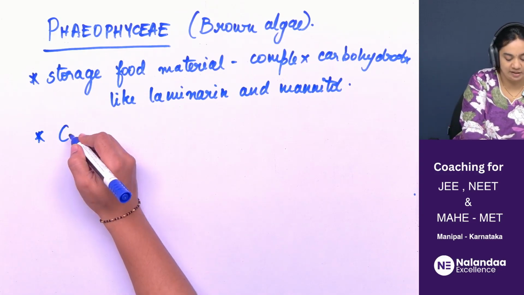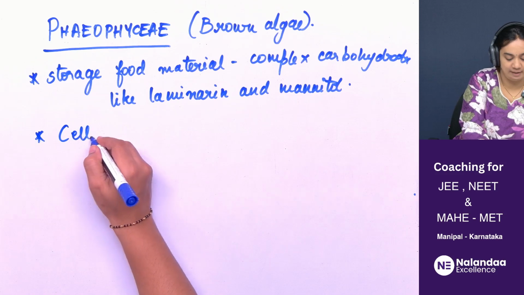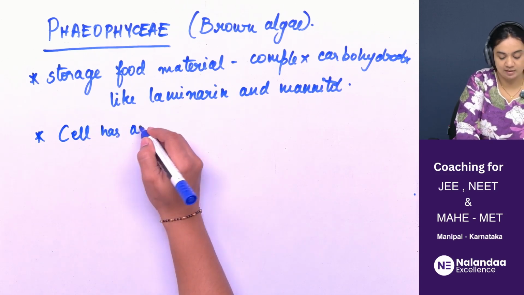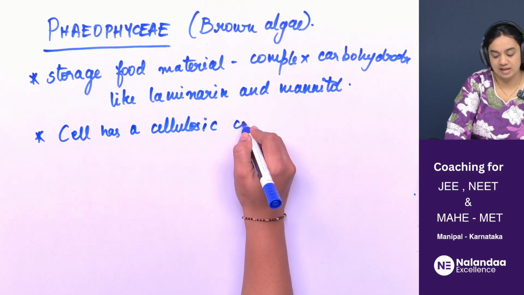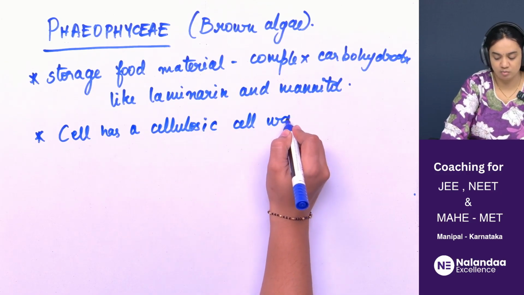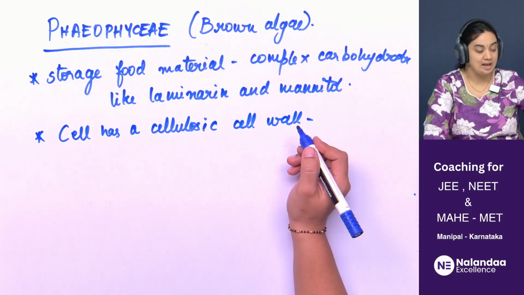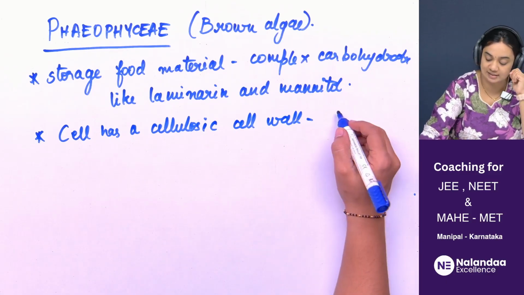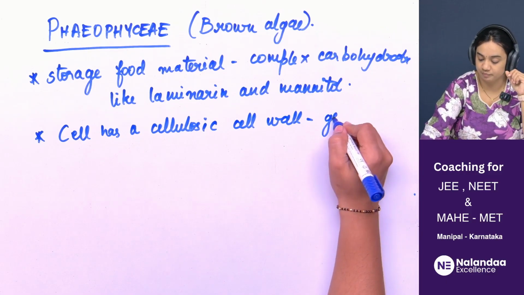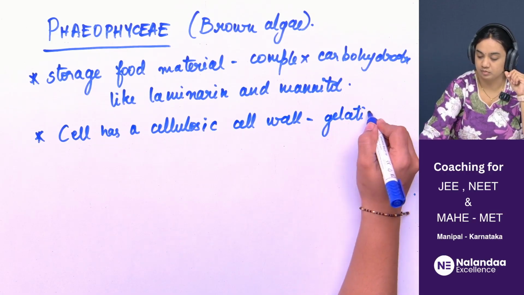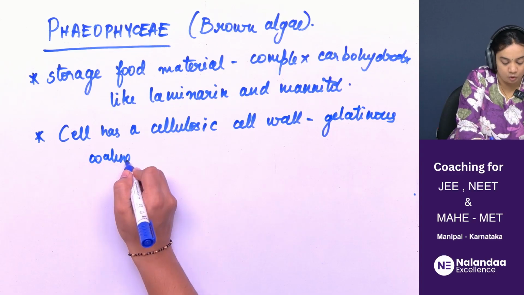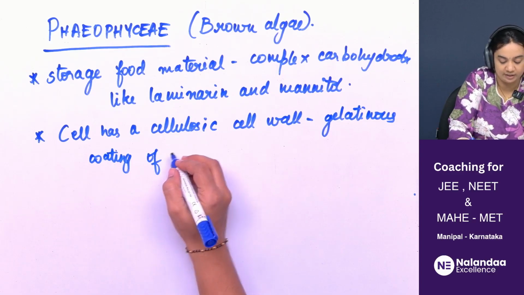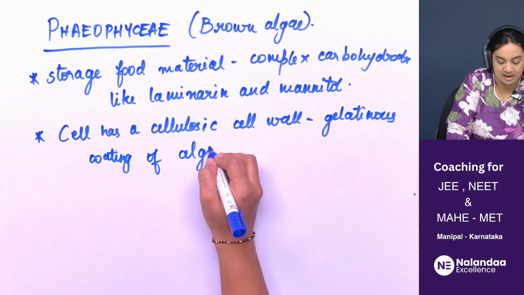And then cellular structure, the cell has a cellulosic cell wall. So the cell wall is cellulosic, no doubt in that. But along with this, there is a gelatinous coating of a material called algin.